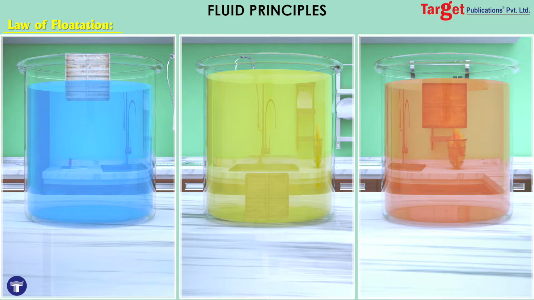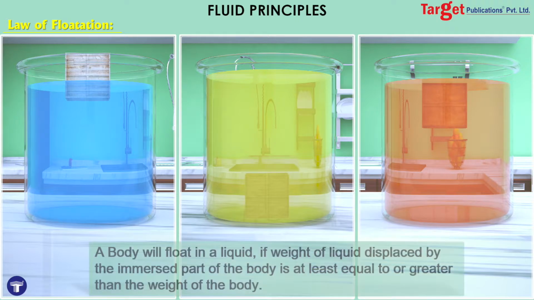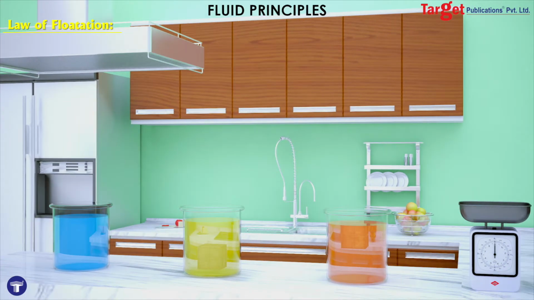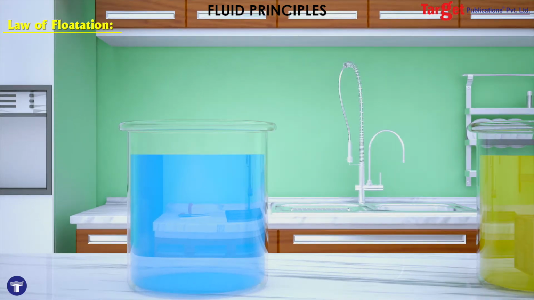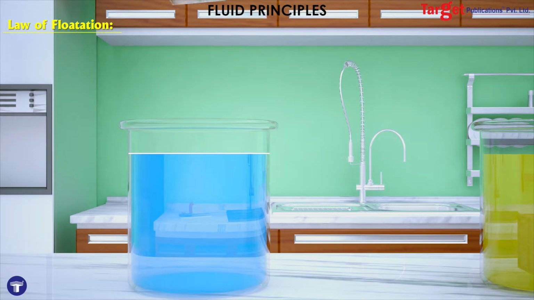The law of flotation basically says that a body will float in a liquid if the weight of the liquid displaced by the immersed part of the body is at least equal to or greater than the weight of the body. To demonstrate this, let's observe what's happening to the block when it is immersed in the first liquid. In this case, the block floats above the surface of the liquid.